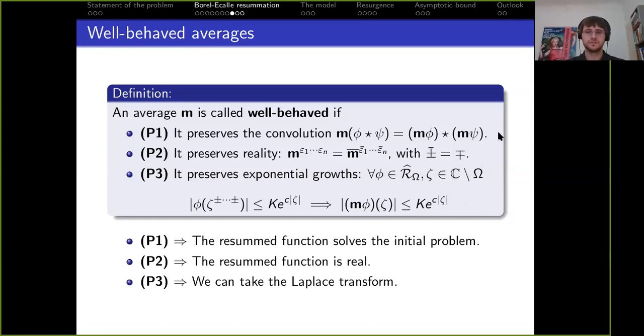Those two conditions, P1 and P2, together are called the algebraic problem. So finding an average that obeys P1 and P2 is the algebraic problem. The last thing you want is that in a reasonable case, you want to be able to take the Laplace transform. And this is actually more subtle, because the question is, what is reasonable?